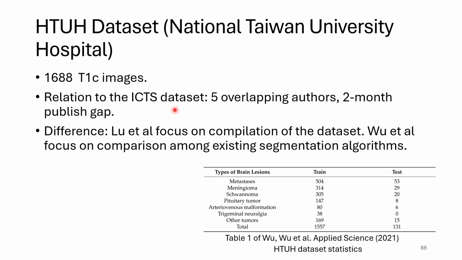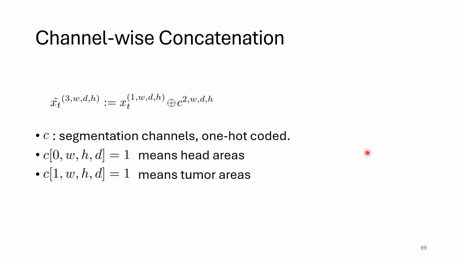They say the paper of the ICTS dataset focuses on how they compiled the dataset, and the NTUH dataset, this is another paper. They focused on using several existing segmentation tools to test the data set. So although the two data sets are slightly different, they are highly overlapped, I think.